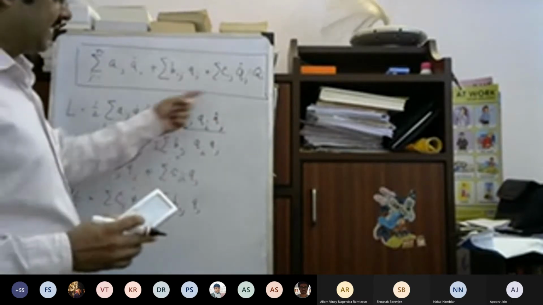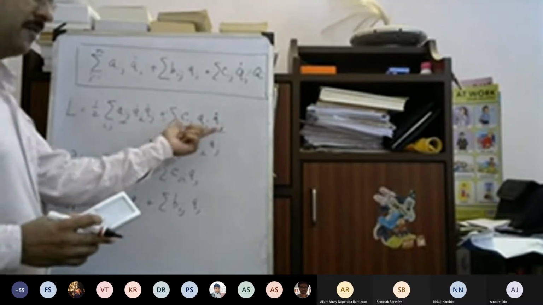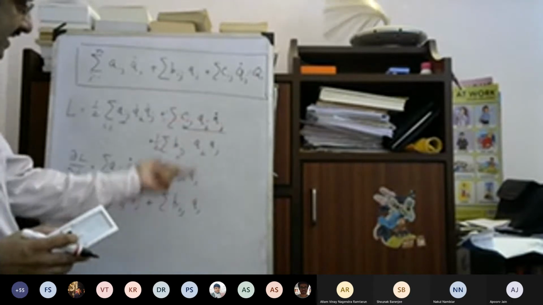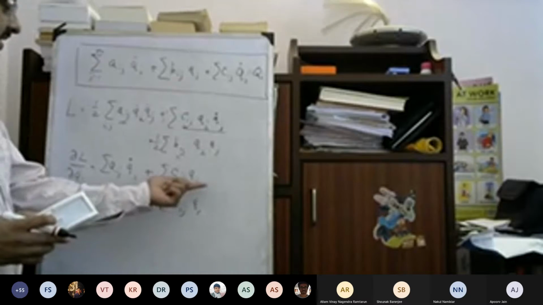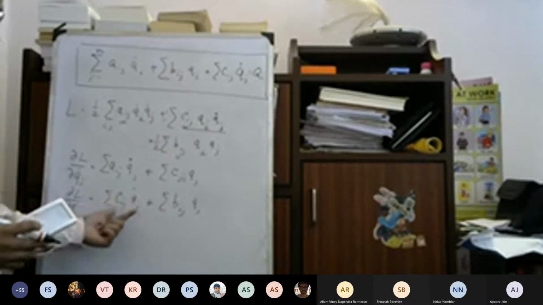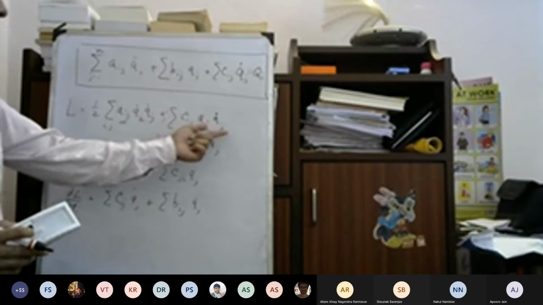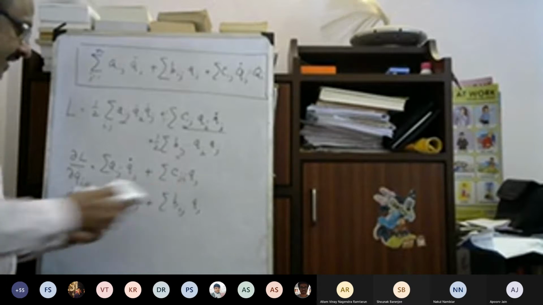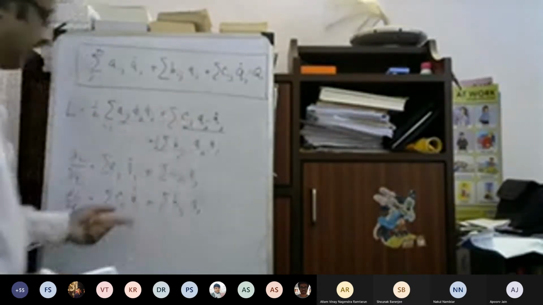This comes because of the particular way to differentiate this kind of expression. So you think over it. If you do not understand this particular mathematics, I can explain again in the next class. When I differentiate with respect to Qj dot, this becomes Cji Qi, and it is Cji, not Cij. But when I differentiate with respect to Qi, this becomes Cij Qj dot only. Okay. So this change in the suffix is quite important. You have to note it carefully.